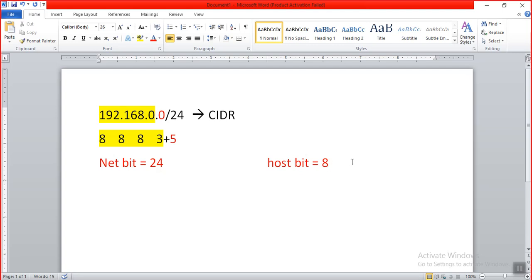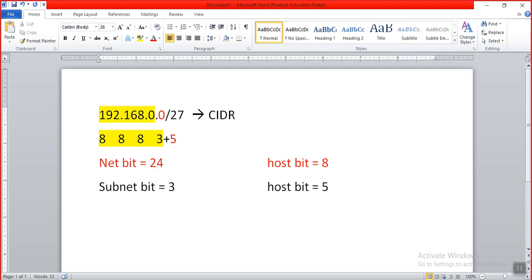Now, after cutting this 3 bit from host and adding to network side, when it is 27, what happened? Subnet bit equal to 3 and host bit equal to 5. This 3 as a subnet, this 5 as a host bit.